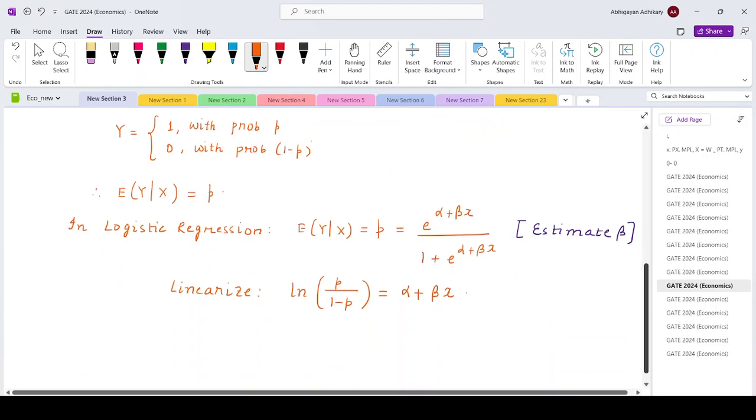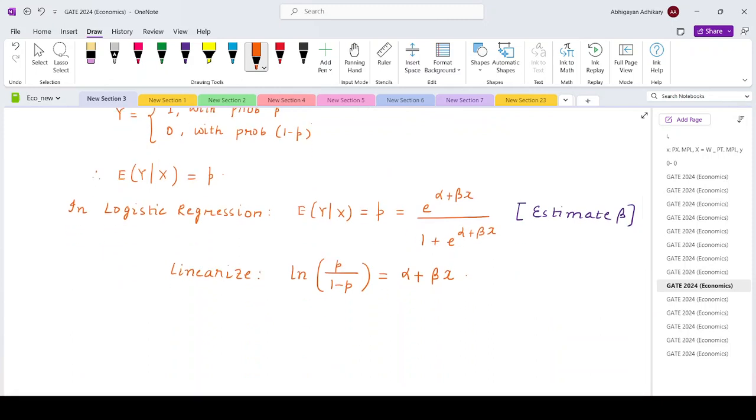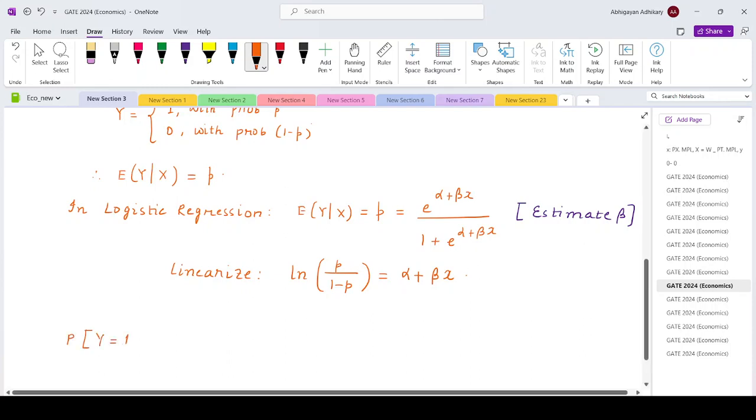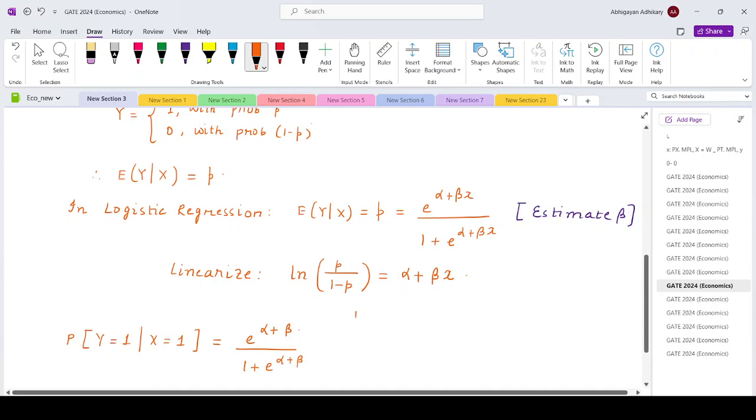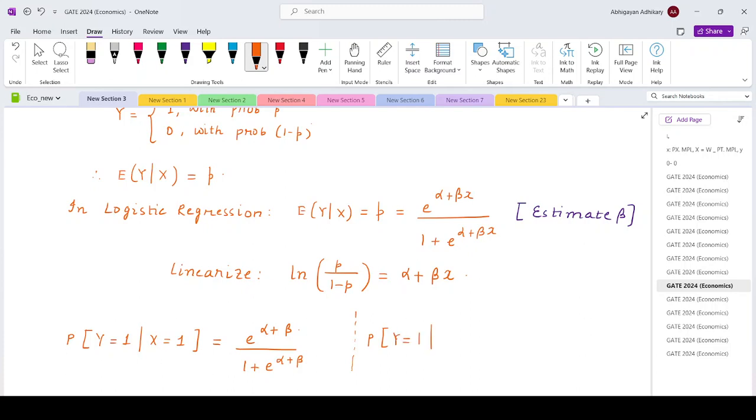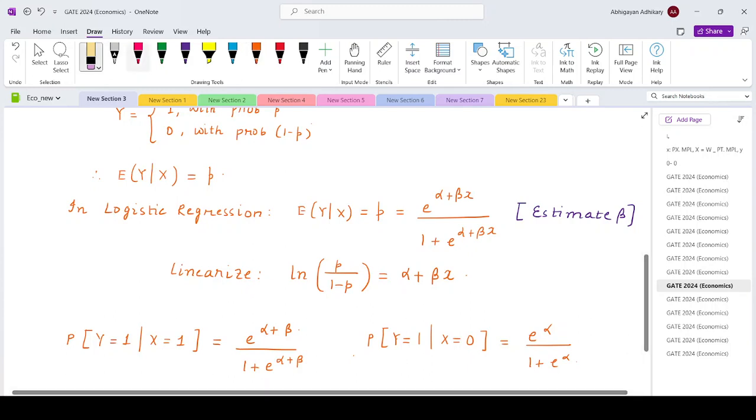Now, if we take the original expression, then the probability that y is equal to 1 given x is equal to 1, because x can also take two values, would be e to the power alpha plus beta divided by 1 plus e to the power alpha plus beta, as for the logistic. And the probability that y is equal to 1 given x is equal to 0 would be e to the power alpha by 1 plus e to the power alpha.